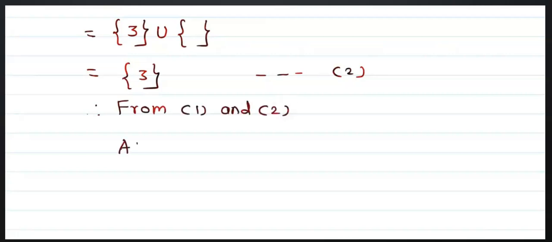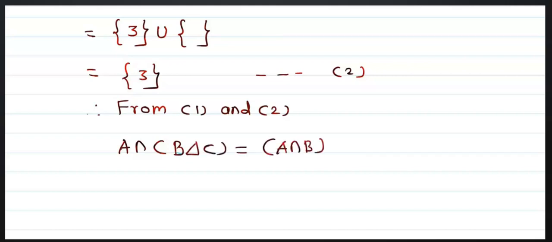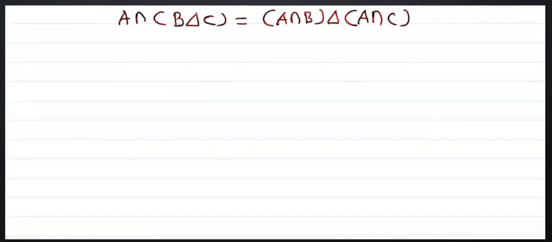Therefore, from 1 and 2, A intersection B symmetric C is equal to A intersection B symmetric A intersection C.